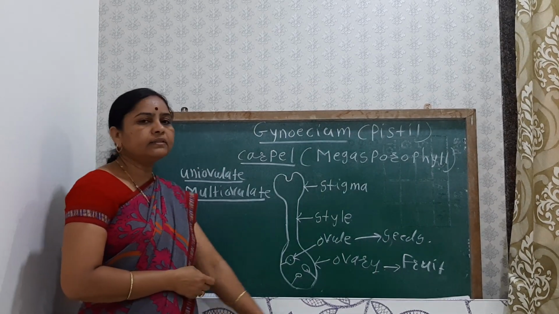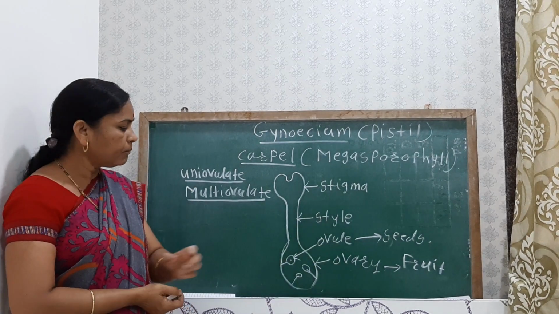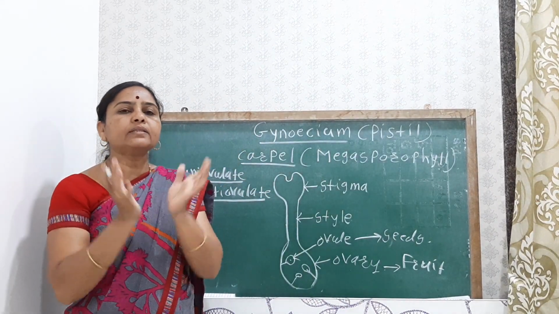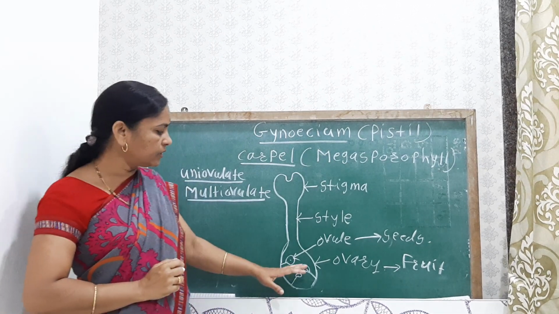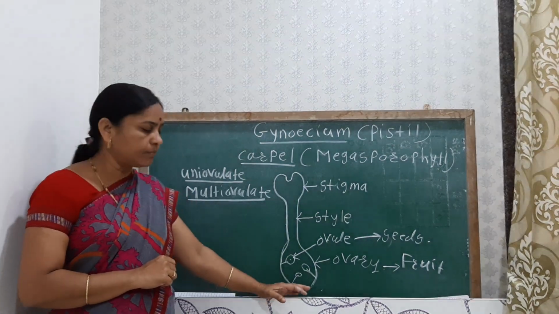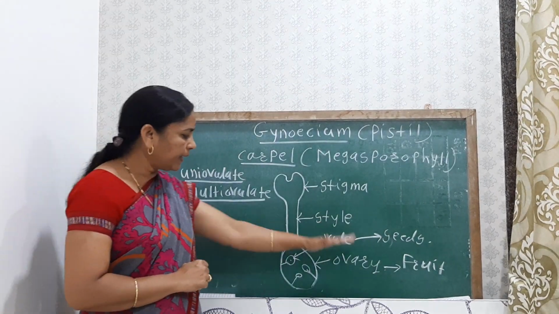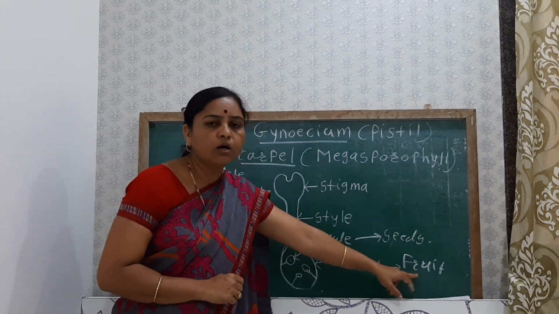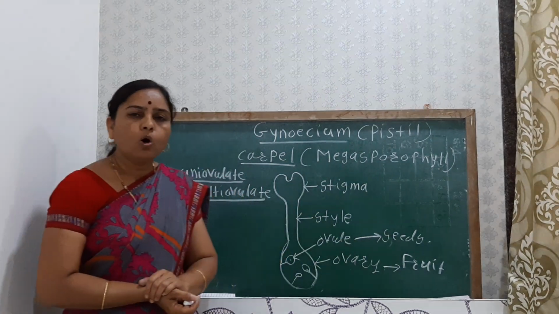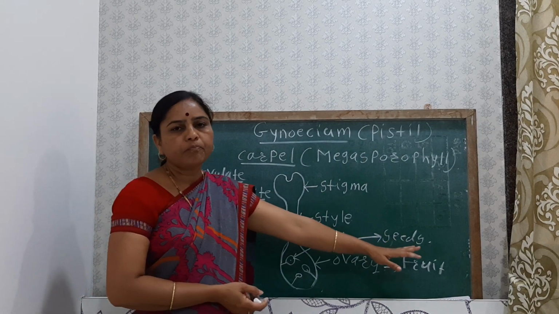So in the gynoecium, inside the ovary, there are the ovules. From the ovary the fruit is produced. Generally we say that inside the fruit there are seeds, right? Before fertilization, we see that inside the ovary there are ovules. After fertilization, from the ovary the fruit wall is formed, and inside this fruit wall the seeds are formed, that is from the ovules. So the function of the carpel is the formation of the ovule.